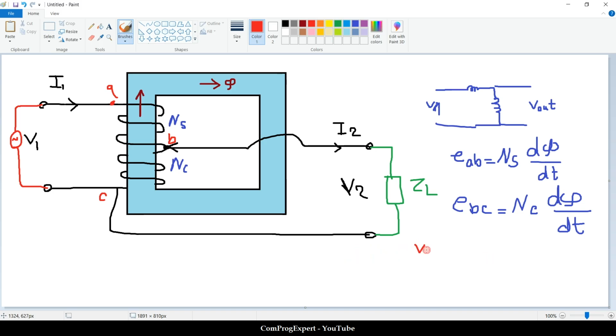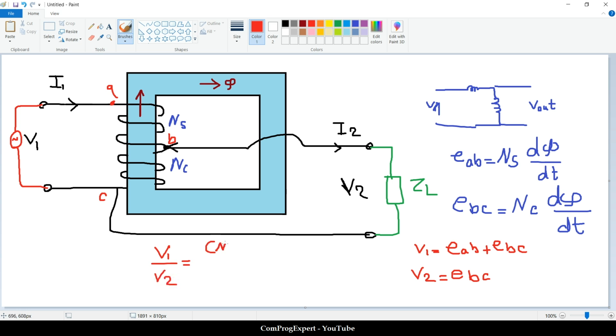V1 is equal to E_AB plus E_BC, and V2 is E_BC. What is the ratio of V1 divided by V2?